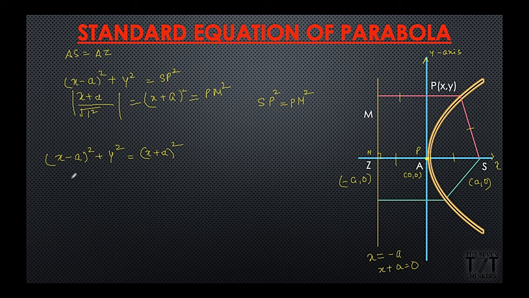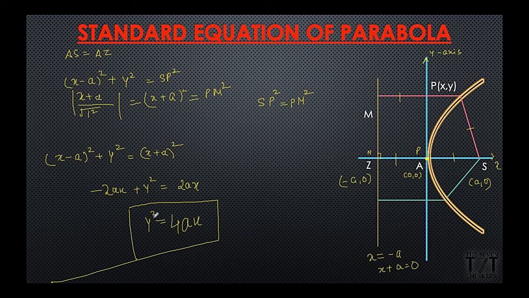So x square and x square will get cancelled, a square and a square will get cancelled. So what we are remaining with is minus 2ax plus y square is equal to 2ax, and so y square is equal to 4ax, and this is what we are going to remember always.